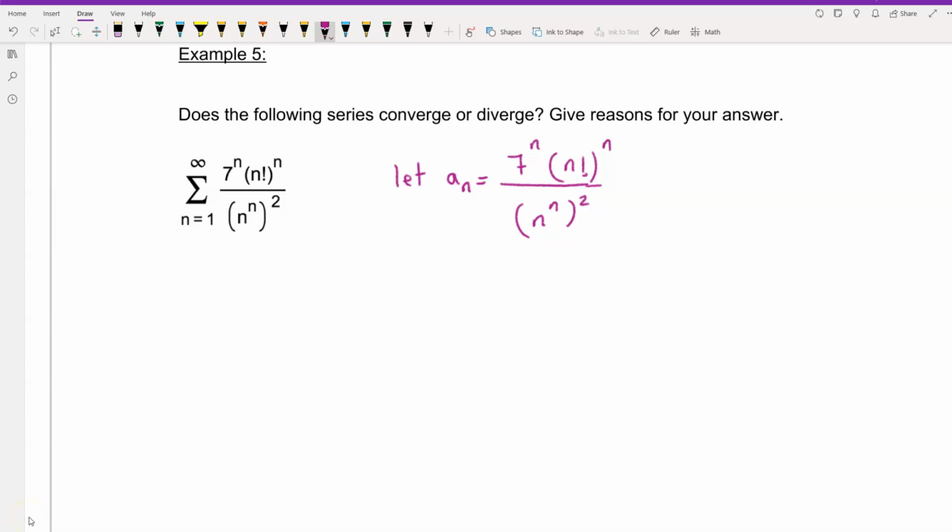Now using the root test, finding the limit as n approaches infinity. Here we have the nth root of the absolute value of a sub n.